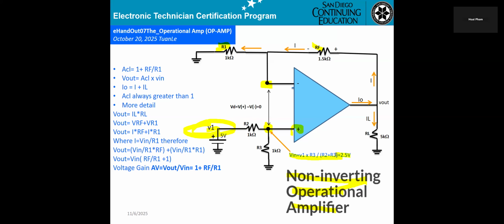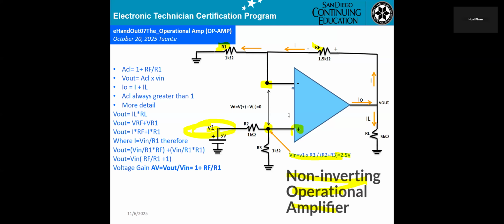You get 2.5 volt at this point. The question is, what voltage is at the negative? It has to be 2.5 volt.